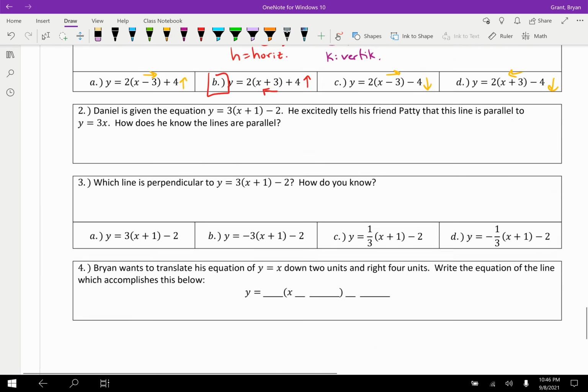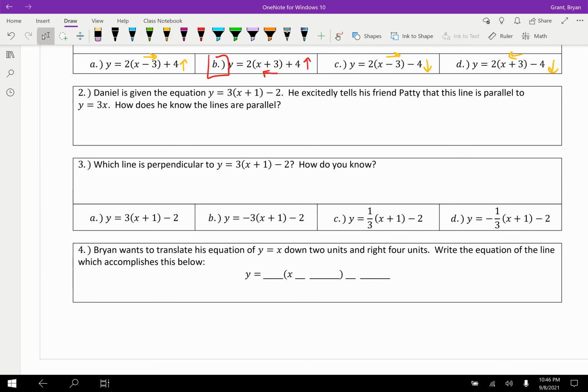Let's try another. Daniel is given the equation y equals 3 times x plus 1 minus 2. He excitedly tells his friend Patty that this line is parallel to y equals 3x. How does he know the lines are parallel? Well, I think all we have to do is compare the slopes, right? We know that y equals 3 times x plus 1 minus 2 has a slope of 3.